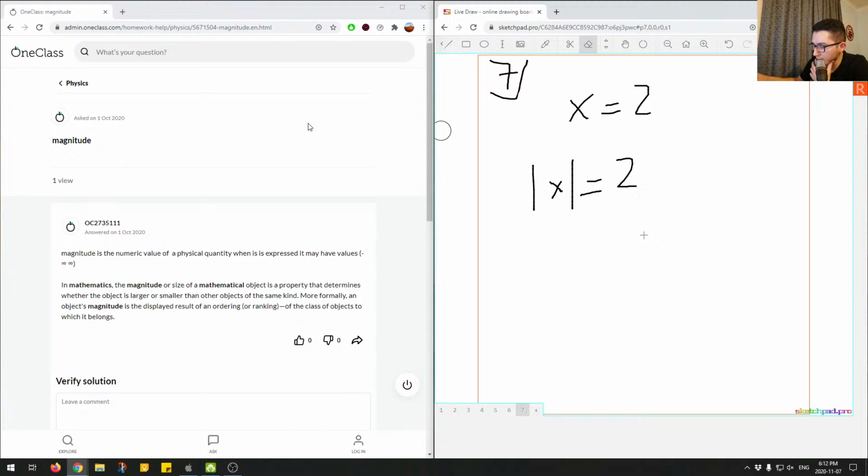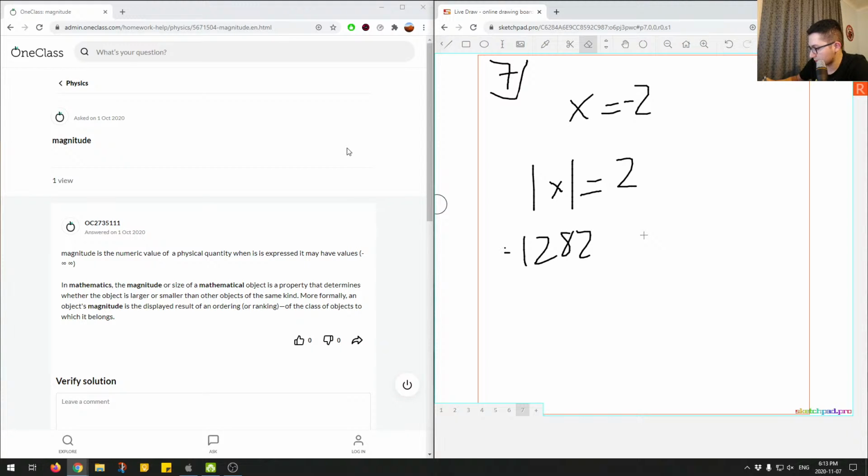But where it becomes relevant is if I say, what is the magnitude of negative 2? Although it's a negative number here, you only really care about the size of how negative this is. So the size of this is still 2. You just ignore the negative and say, okay, the size of this is just 2. So that's what magnitude is. Regardless of what variable or number you get, let's say 1,282, same idea.